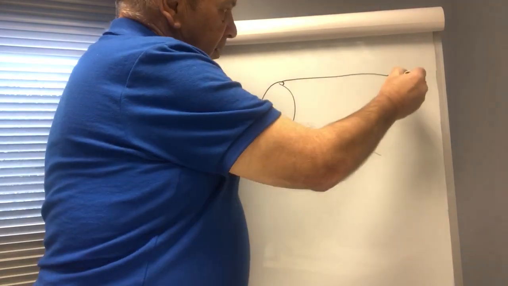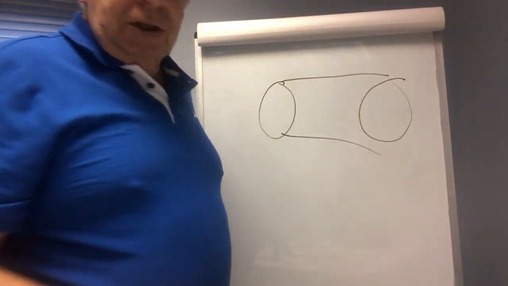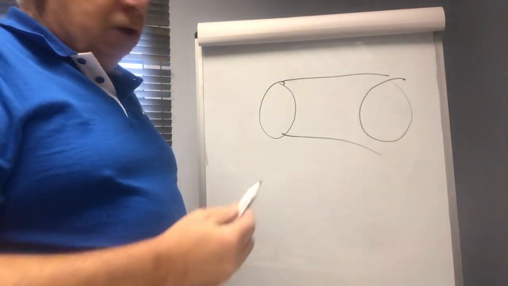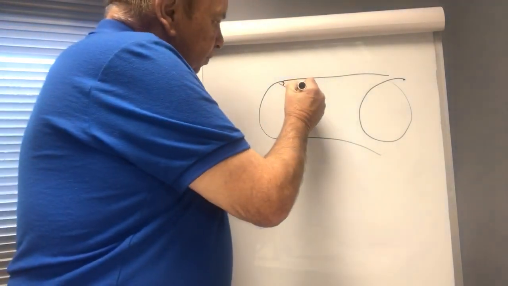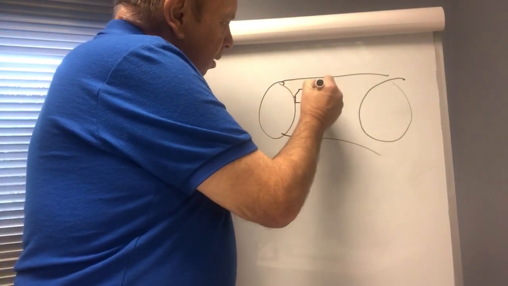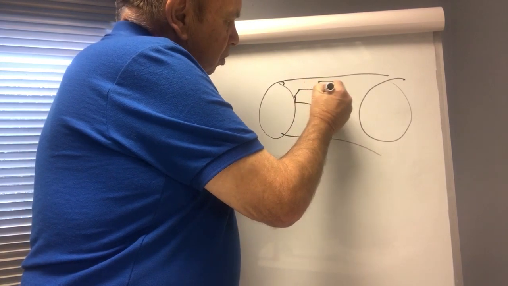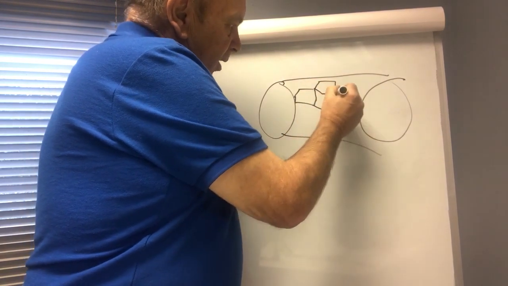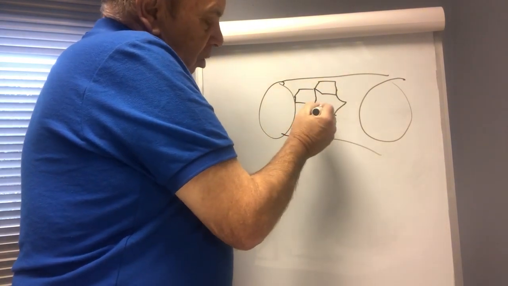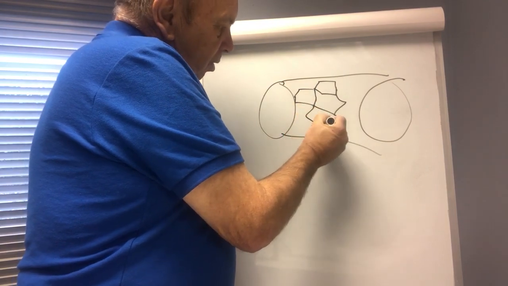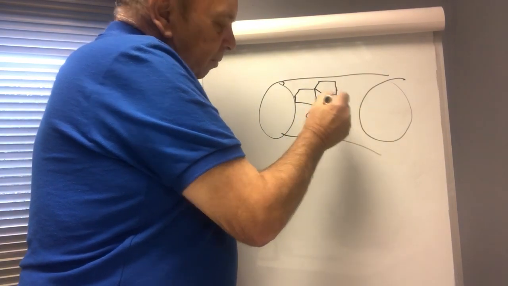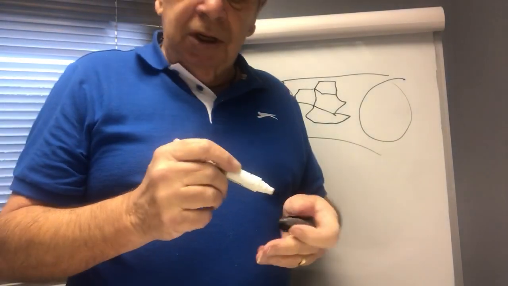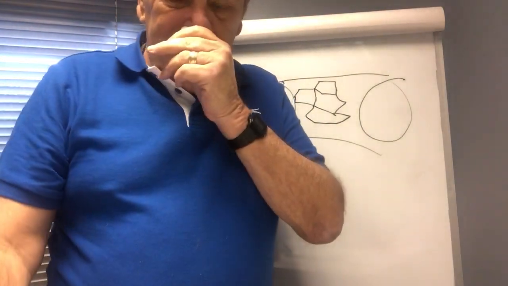There's a cylinder, and what it is composed of is lots and lots of these hexagonal, or they could be 1, 2, 3, 4, 5, 6, 7 carbons joined together in rings.